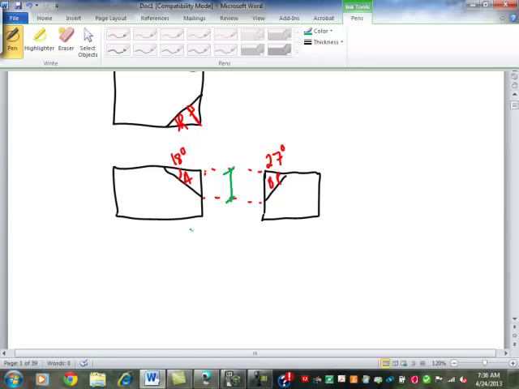We can pick whatever dimension we want for that depth. Let's pick 10 millimeters. Now that we have that 10 millimeters, we can find this dimension here and this dimension here. Over here, this is the 10. I'm going to call this little a and little b. I better be careful. That's not proper notation because they're not across from angles A and B. I'll call this little x and little y.